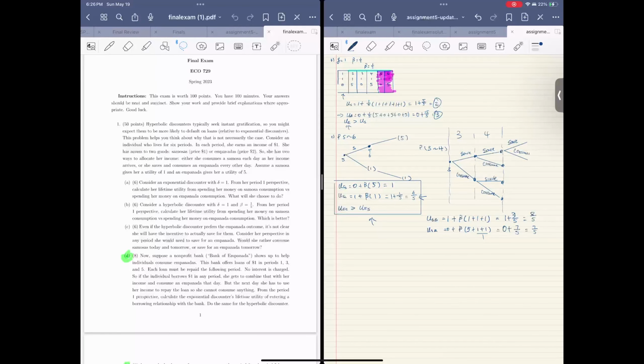Of course, we can always use backward induction. Once you find period 3, we know that utility 1 for empanada will look like something like this: 1 plus beta of 1 plus 1 plus 1 plus 1 plus 1, and then for empanada, you will have 0 plus beta of 5 and what?